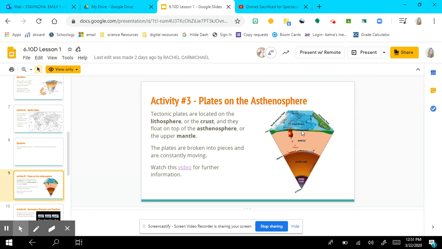These plates float on top of this mantle. Remember how I said that the mantle is solid, but it acts like a liquid. It is solid, but it acts like a putty or a plastic where they can float on top of it. These plates are broken into pieces and are constantly moving.